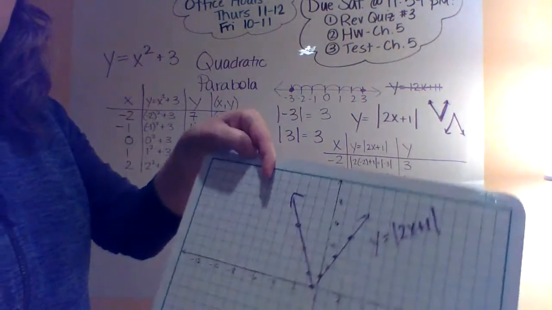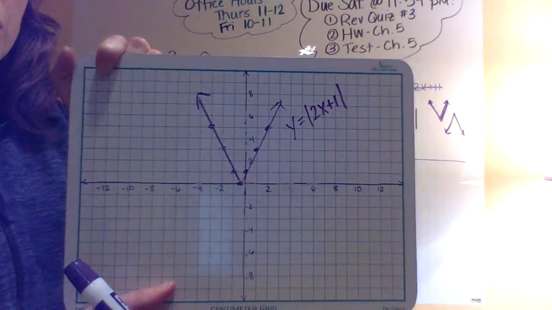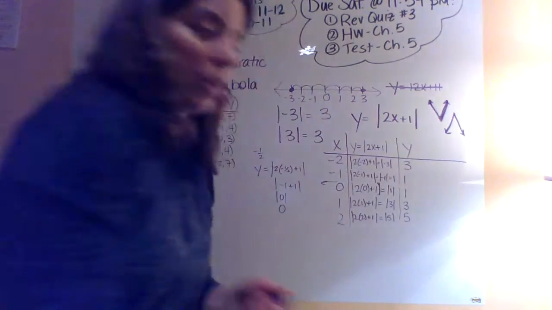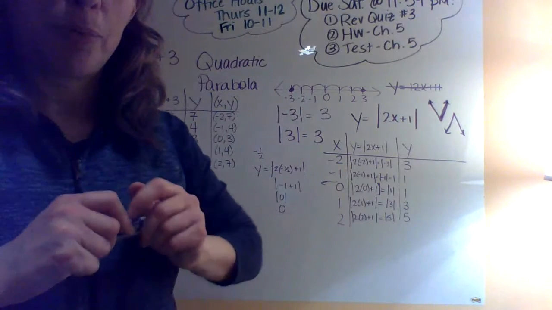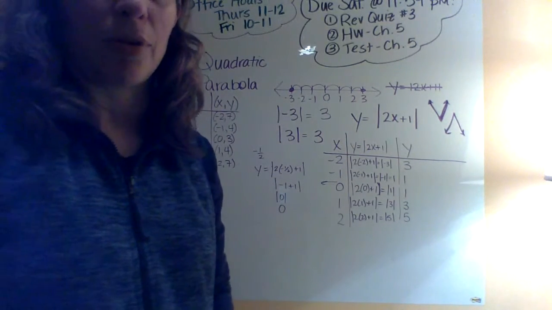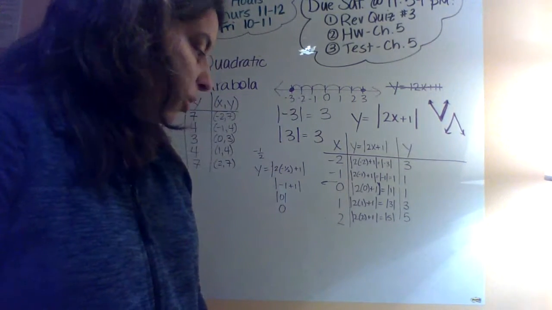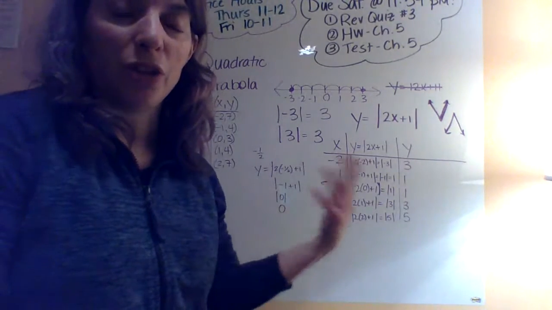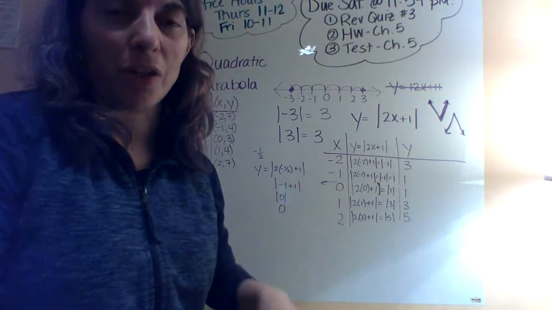So you can see that V shape, again, symmetry. You should know when you look at an equation, is it a linear equation and it's going to make a straight line? Is it a quadratic equation? It's going to make a parabola? Or is it an absolute value equation and it's going to make a V? But anyway, out of those ways, you can just plug in for x, get out what you need for y.